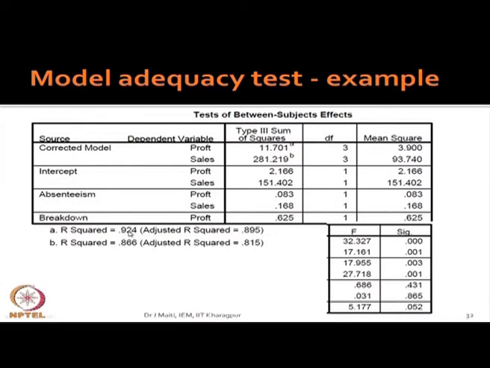For the first one it is 0.924, that means for profit 92%, and for sales 86.6%. Okay. And also you have tested the significance level here for the different terms: intercept, absenteeism, breakdown, and their significance levels, everything is tested.